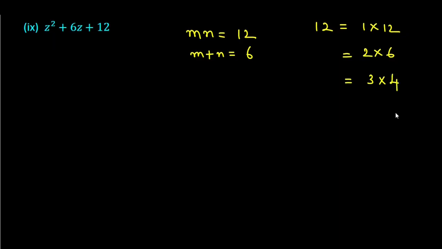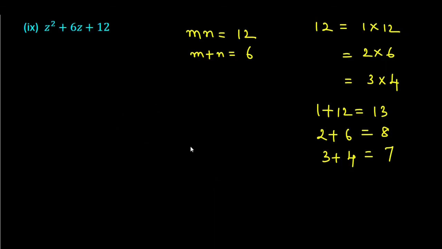These are the possible pairs of factors. When we take the sum, 1 plus 12 is 13, 2 plus 6 is 8, 3 plus 4 is 7. We are unable to get 6.